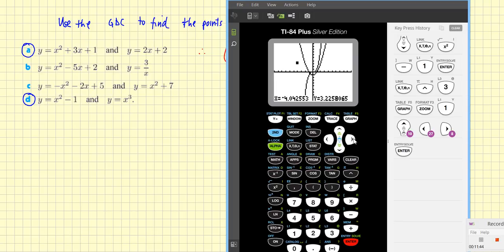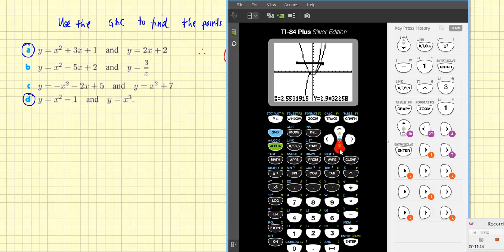The moment I press enter, it creates a zoom box so that I can zoom in on the area that I want. It's taking a second here. It's a bit slow, but it's getting there. Okay, I kept that pressed, and now I'm going to move my way down until I get into the area that I want to see.